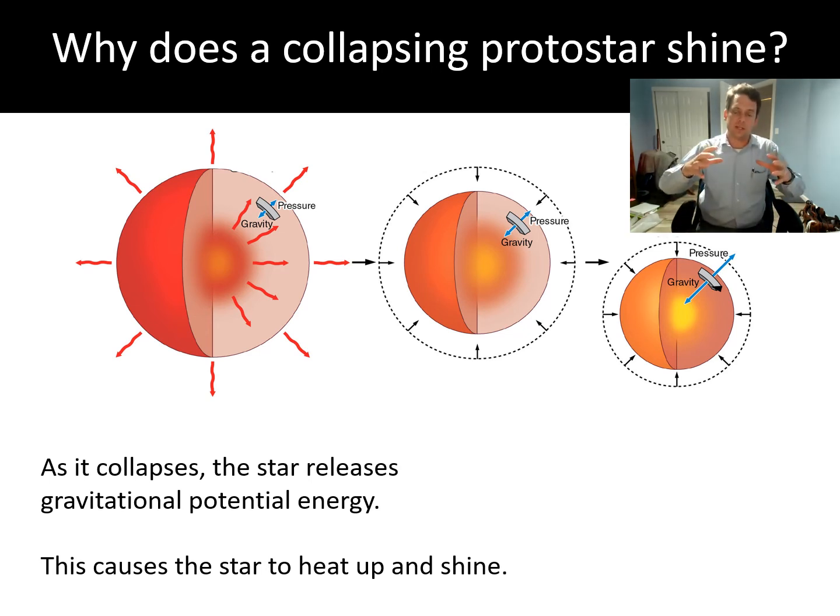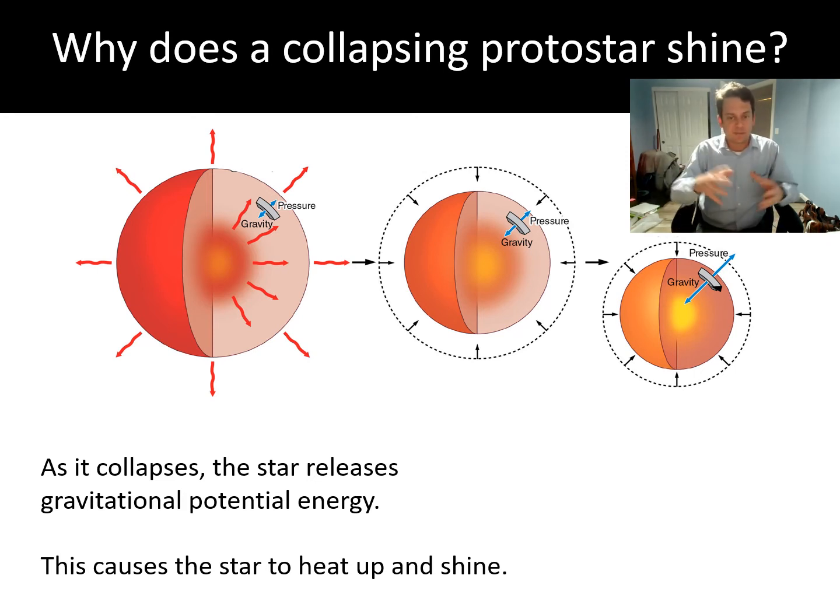If you have a cloud of gas, gravity makes it collapse. As it collapses, it speeds up. The molecules and the atoms in that gas collide with one another, and through those collisions, they convert that gravitational potential energy into heat, which, if you remember back, temperature is just a measure of the average kinetic energy of the atoms or molecules, which is the average speed of those molecules.